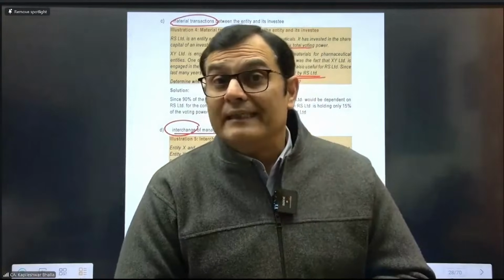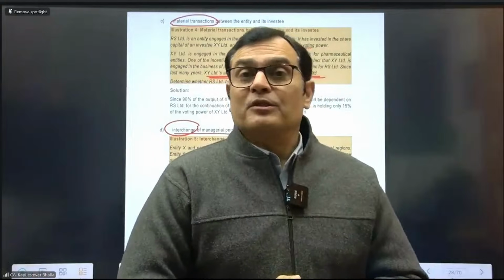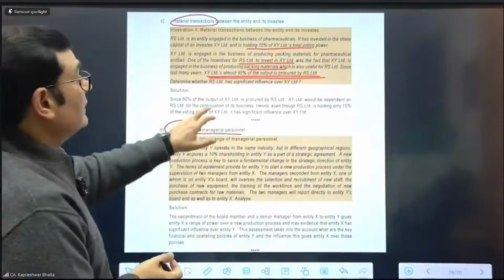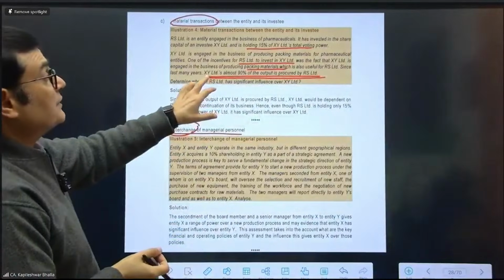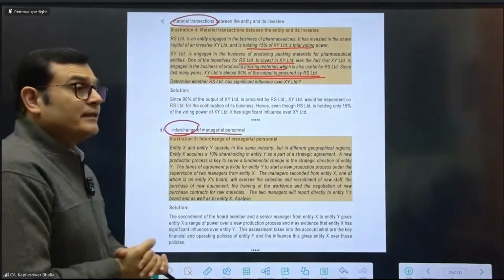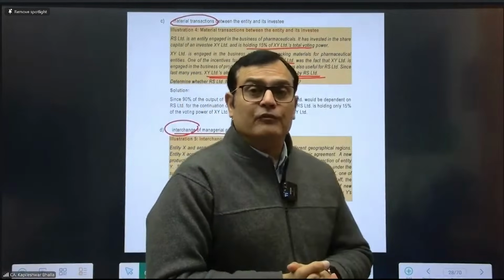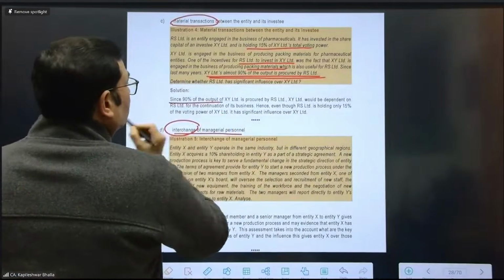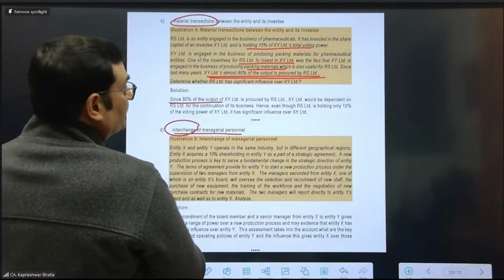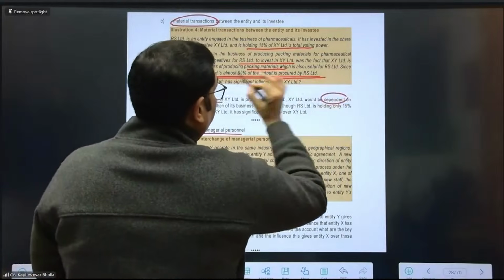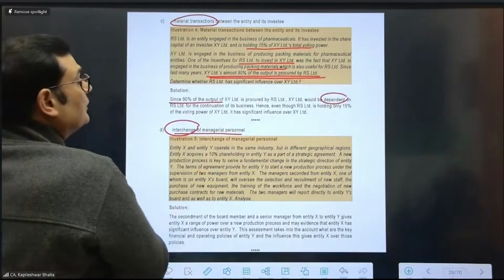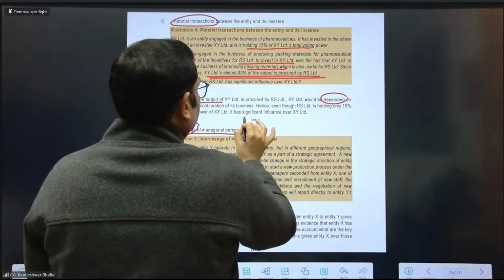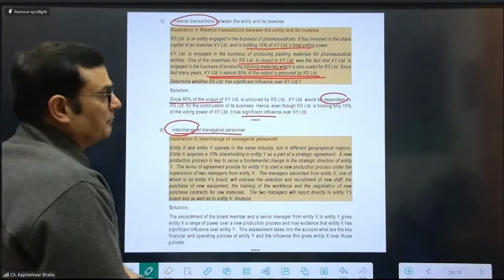That's quite material in nature. 90% of the transactions would indicate the materiality level, and since the materiality level of the transactions indicates the dependency level, he can definitely have a significant influence as well. Since 90% of XY's output is procured by RS, XY would be dependent on RS for continuation of the business. Hence, even though he's got only 15%, significant influence will come.